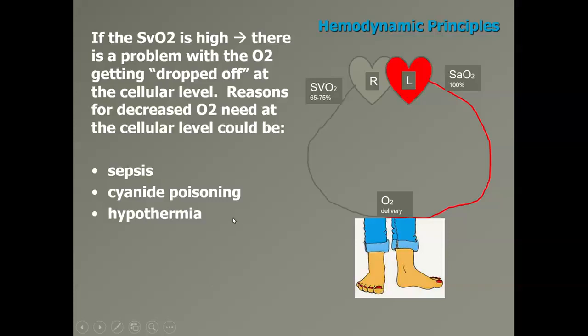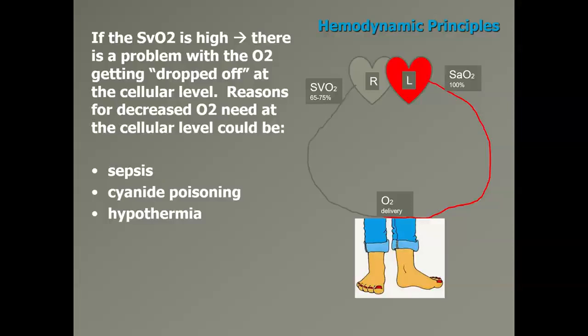If an individual was ice fishing in Minnesota in the middle of February and fell in through their hole, they would become profoundly hypothermic. The cells would use far less oxygen. And this is why individuals who drown in freezing water are resuscitated, even though there's been a report that they've been in that water for much longer than 5, 10, 40 minutes, an hour, because these individuals do have less O2 extraction, and therefore there is a chance that there could be survival.